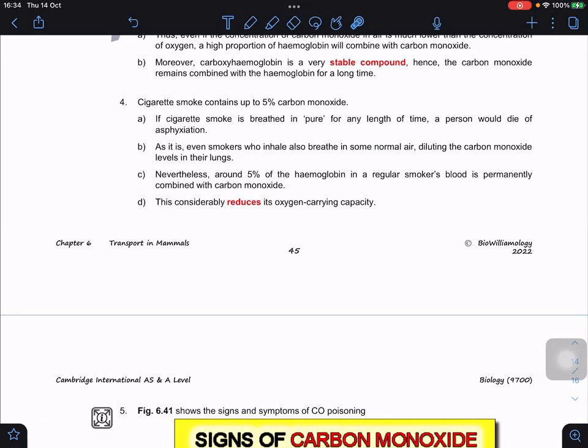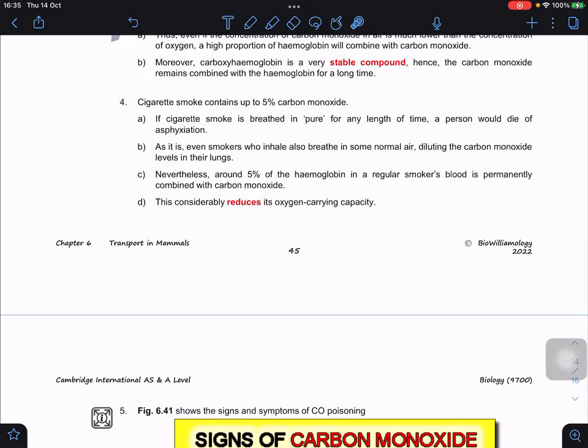But even though we produce new hemoglobin constantly, a regular smoker will smoke every day, so constantly you can see that they have 5% of the hemoglobin permanently bound with CO. For us, our saturation can be up to 95%, but their saturation will be much lower. At the same altitude, we may get 95%, while they may only get 90% saturation.